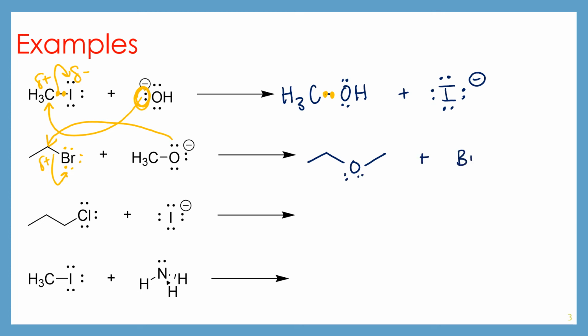And again, we have bromide. In the next example, we're going to swap out one halogen for the other. And notice that the mechanism is not changing.